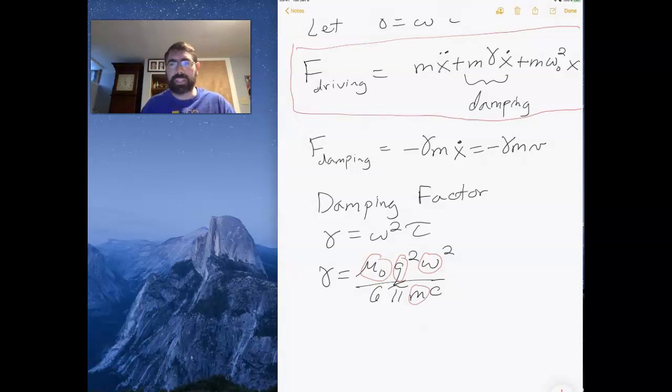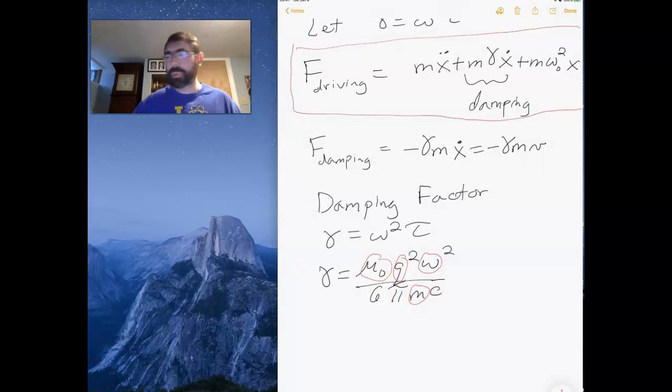So basically you can put that in and you can figure out how much damping is there going to be, how much of a force is going to be applied because of the radiation that's being produced as it accelerates.